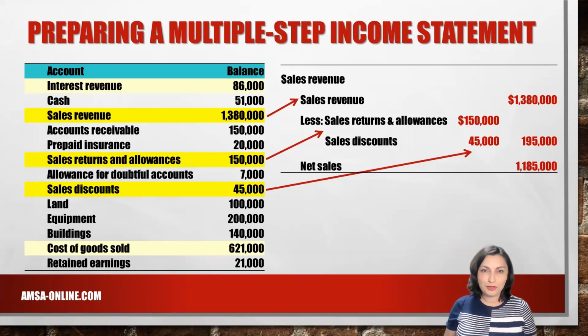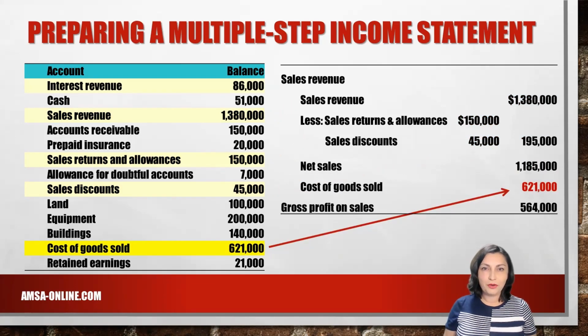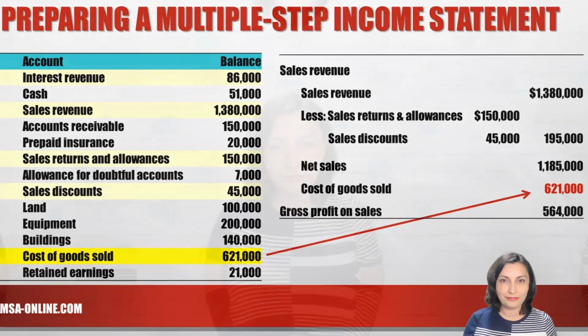Both sales returns and allowances and sales discounts are contra sales accounts and decrease revenue. Next, we list the cost of goods sold, which is $621,000.